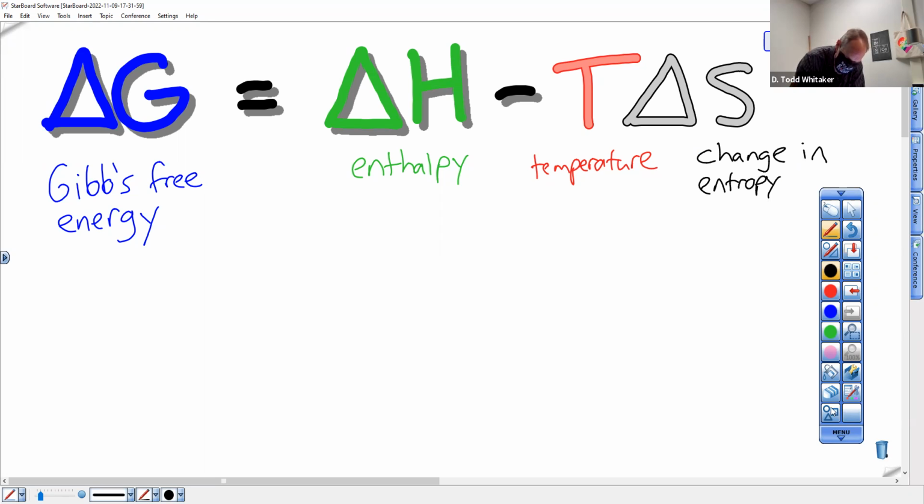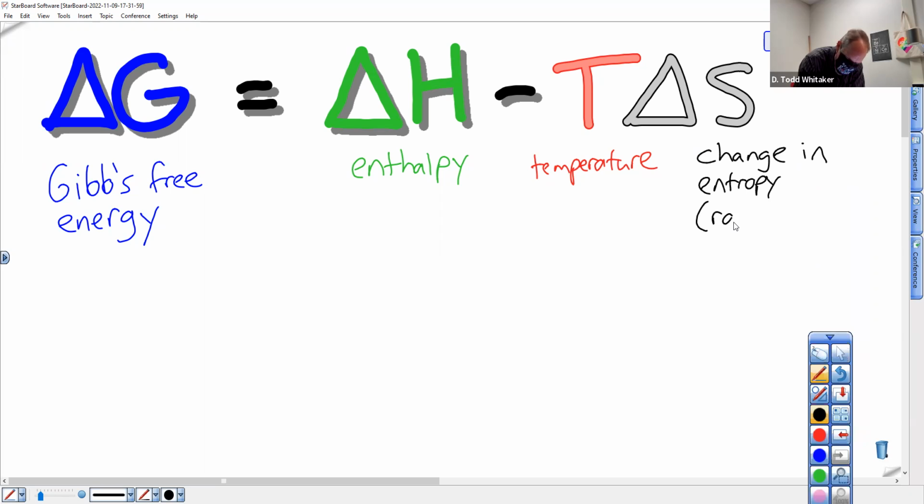Entropy is how random things are. It's a driving force for many, many reactions, particularly reactions that create gas molecules. One of my favorites is combustion, where you have one octane molecule creating more than 10 gas molecules.